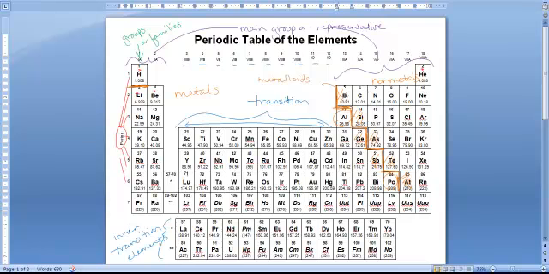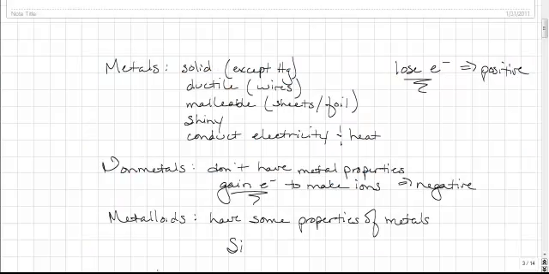Last thing to mention. Oh, we did say that our metals are going to lose electrons, nonmetals are going to gain electrons.